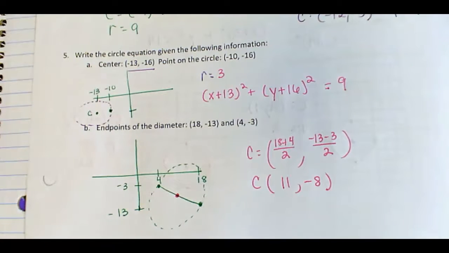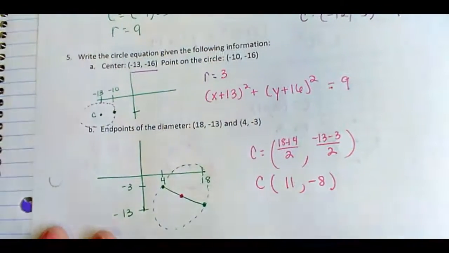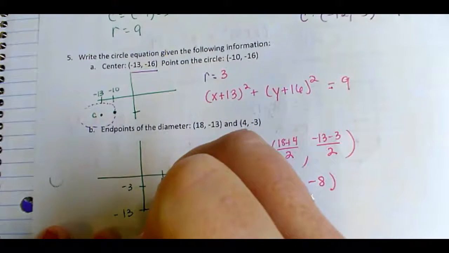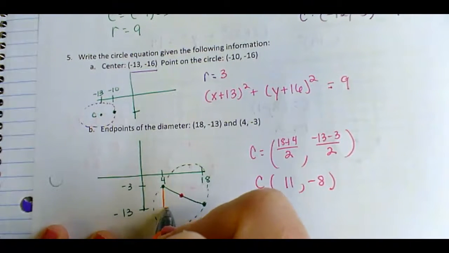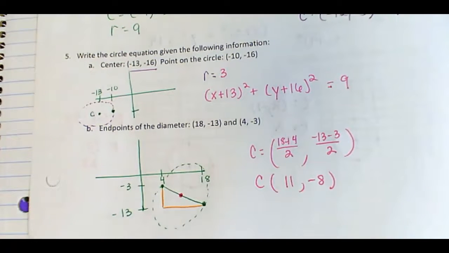All right. To get the radius, we're going to have to find the distance between some points. I would suggest finding the distance between these 2 points right here and then dividing by 2 to get the radius. Okay? There's a couple ways you can do distance, but I like doing distance with the Pythagorean theorem because we already know how to do the Pythagorean theorem. We just make a triangle where the hypotenuse is the diameter.